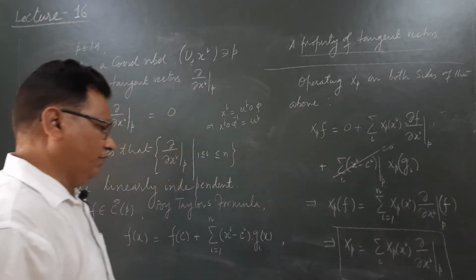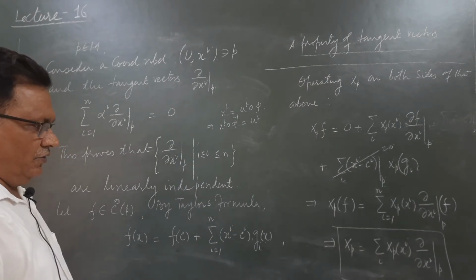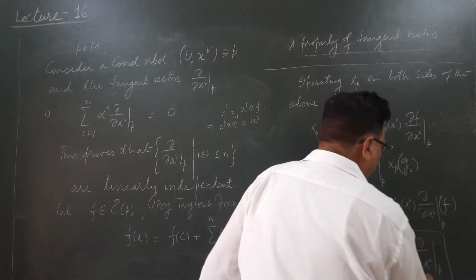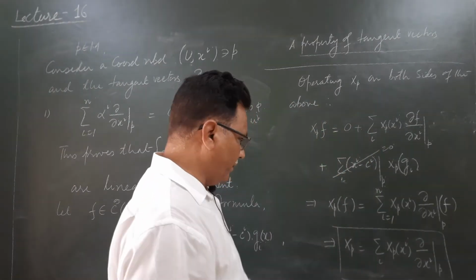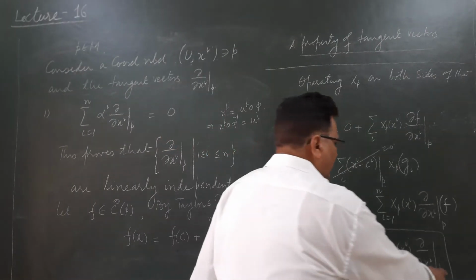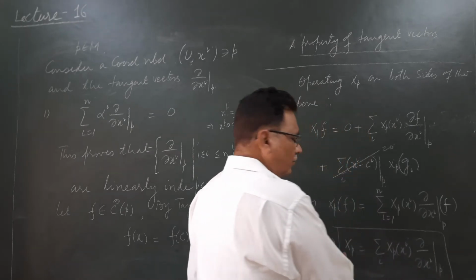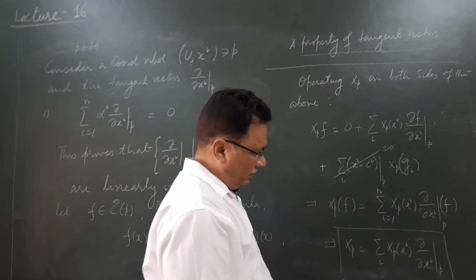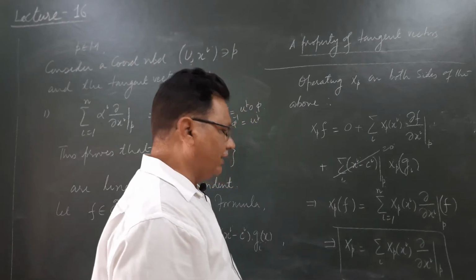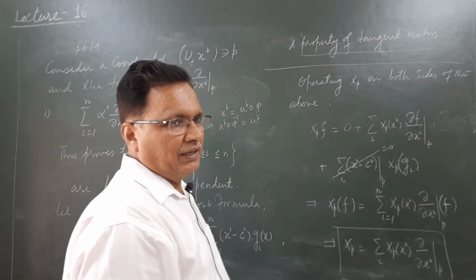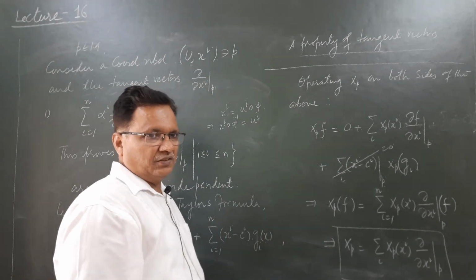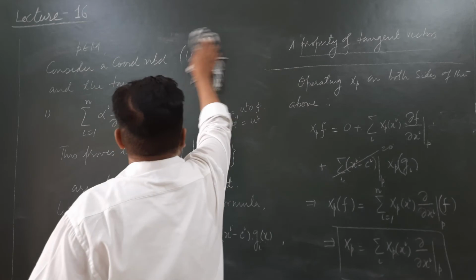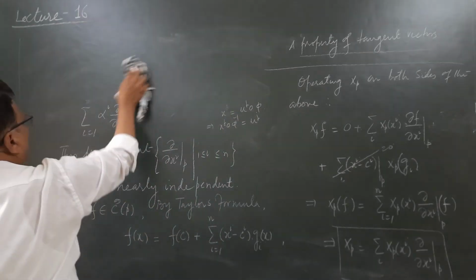So you will say that Xp is written as a linear combination of del upon del xi at p. We have already shown that these are linearly independent. Moreover, an arbitrary tangent vector is written as a linear combination of these del upon del xi. That proves that del upon del xi is a basis of the tangent space. And the arbitrary vector of TpM can be written as a linear combination.